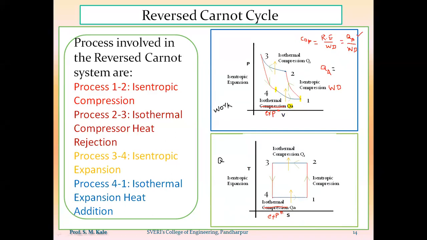So by considering the area under the TS diagram during the process 4 to 1, I am able to calculate the amount of heat added during the process 4 to 1.